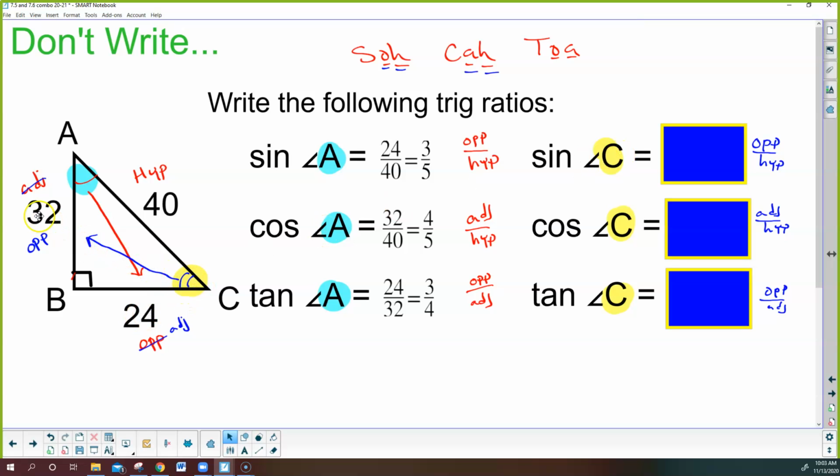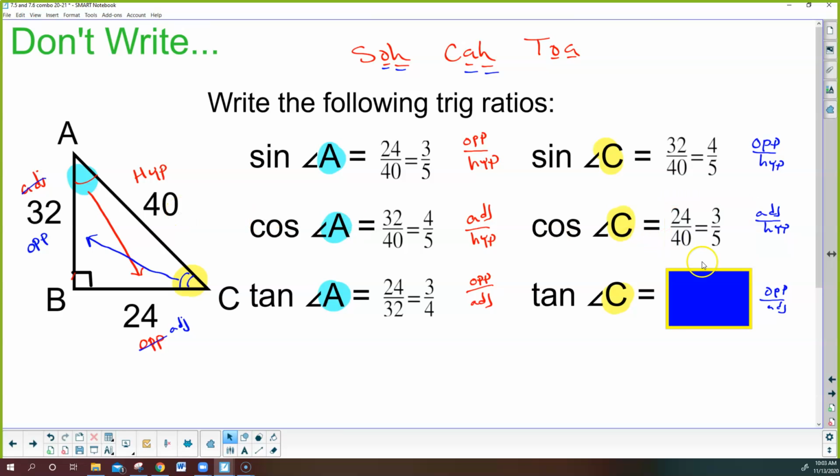It's the opposite, 32, over the hypotenuse, which is 40. 32 over 40, that can be reduced. Cosine is the adjacent over the hypotenuse. That's 24 over 40, which reduces down. And then opposite over adjacent, that is 32 over 24.